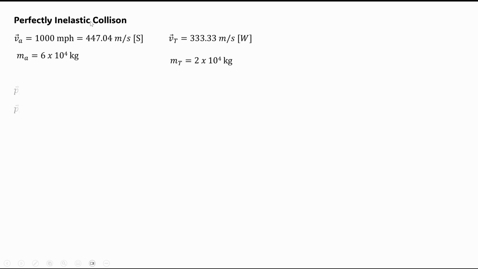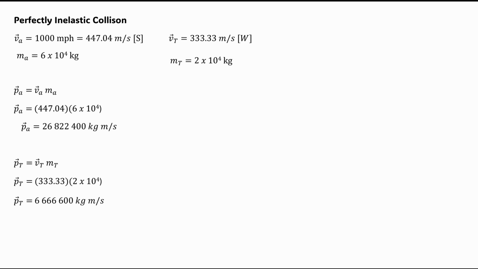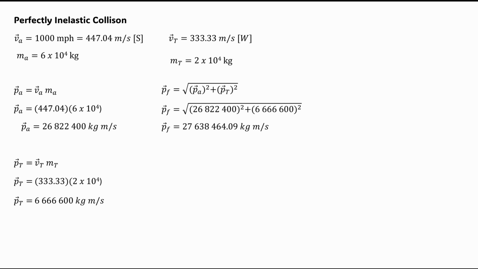Right? So we can get that the momentum of the asteroid is 26,822,400. Similarly, the momentum of the TIE fighter is 6,666,600, meaning our net or final momentum is the square root of the sum of the squares, which is 27,638,464.09.